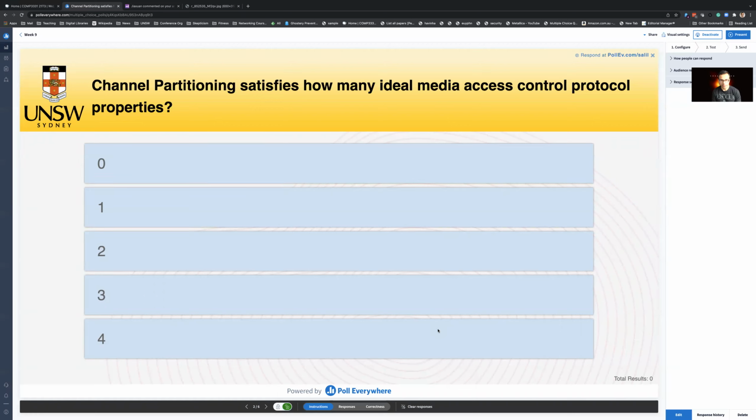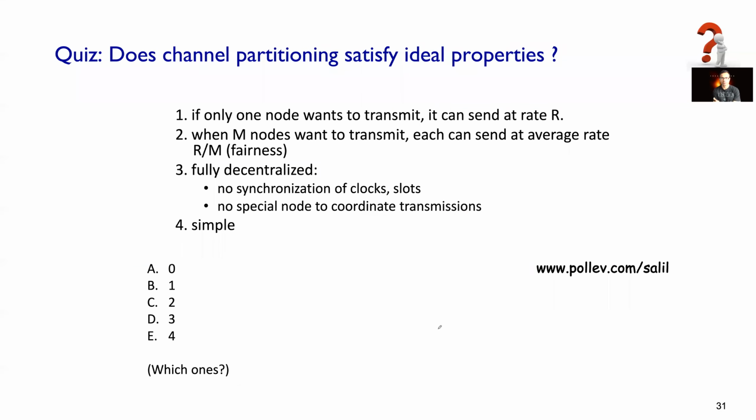I think this should be active now. I may show you the 4 list here so you know which 4 I'm referring to.